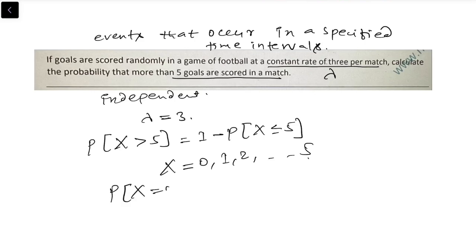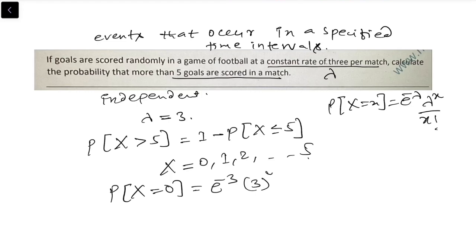So probability x equals 0: we know the formula, probability x equals x is e to the power minus lambda, lambda to the power x upon x factorial. So e to the power minus 3, 3 to the power 0, 0 factorial.